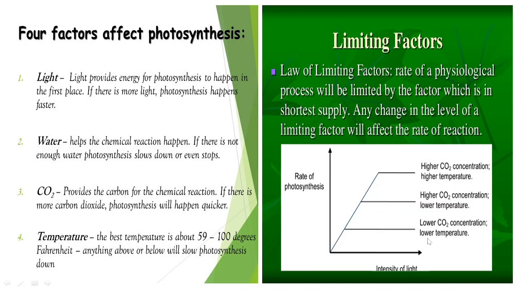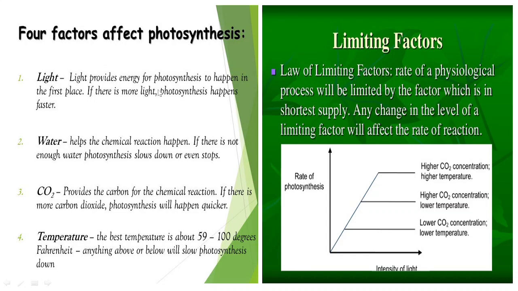The factor which is lowest. Suppose light intensity, water, carbon dioxide and temperature, all the factors are equal, so equally they are getting. Now suppose the light intensity reduces very much. At that point of time, the other factors, even if they are high, the rate of photosynthesis will be determined only by light because it is low.